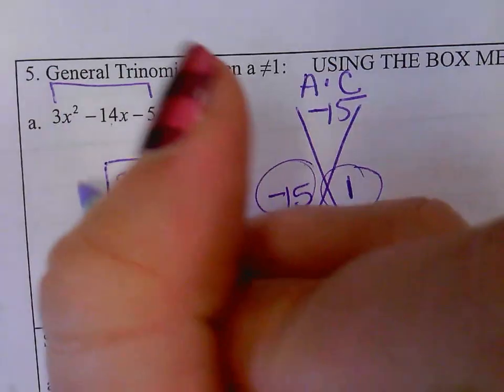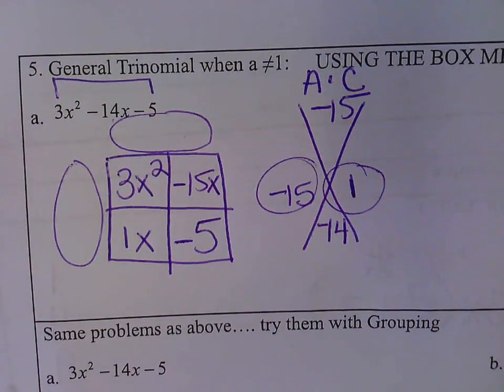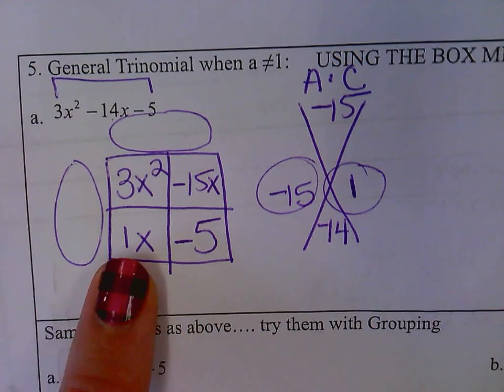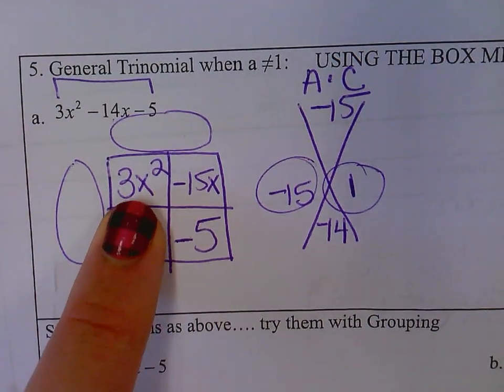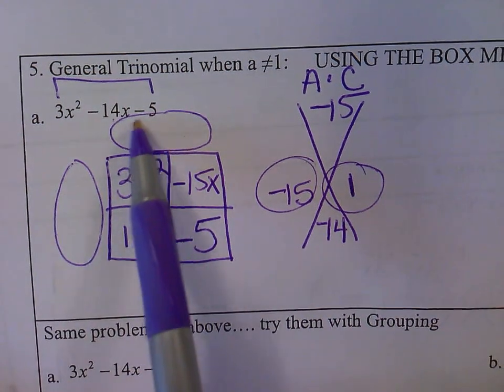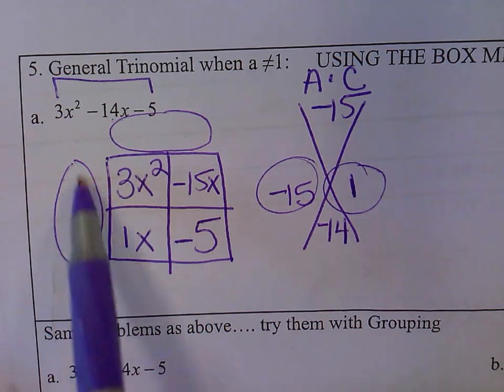Now you're going to pretend you're multiplying and finding area, and you have to say what goes on those outside parts of the box. So what times what would give me 3x squared? x times 3x. So I either need to put the x term here or the x term here, and the 3x here and the 3x here.